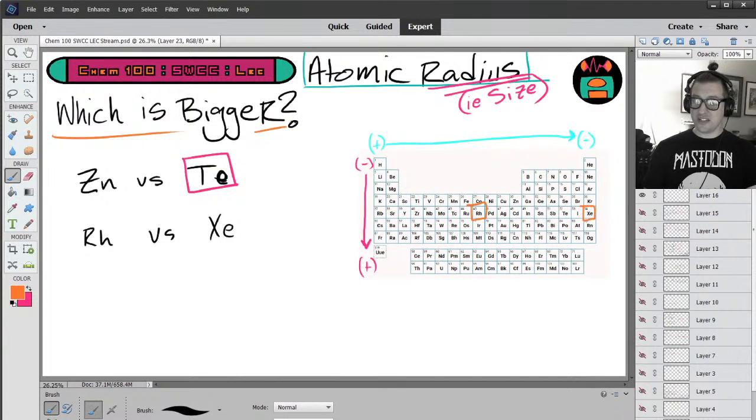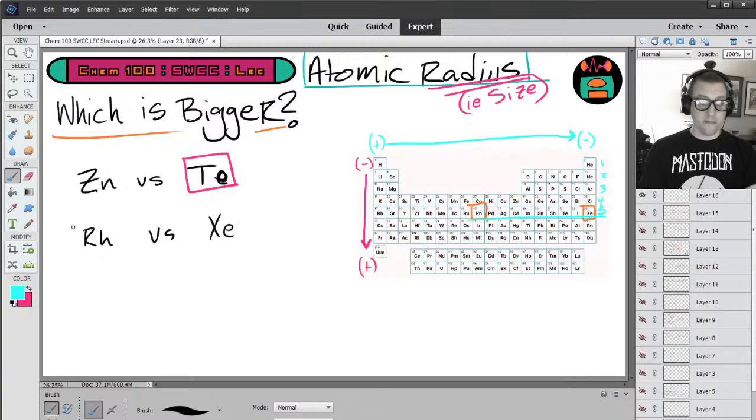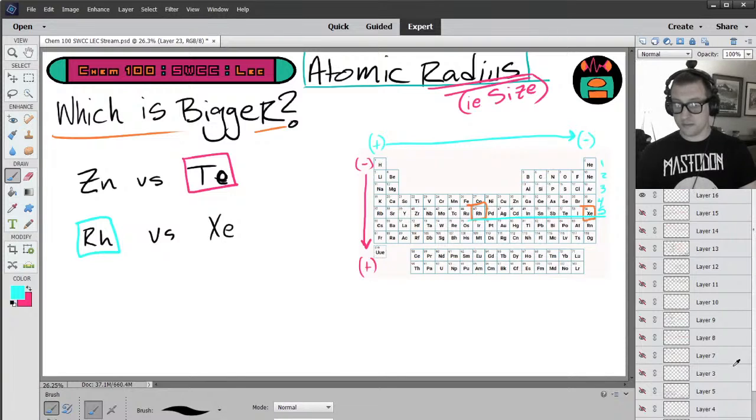Because these two are on the same period, right? They're both on the 5th period. We have to go with the tiebreaker, which is the further to the right you are, the smaller you are. So rhodium wins the tie between which one is larger, which one is smaller, only because they're on the same period.